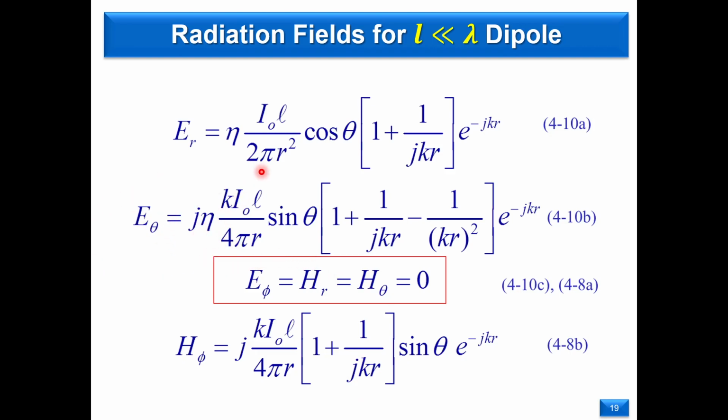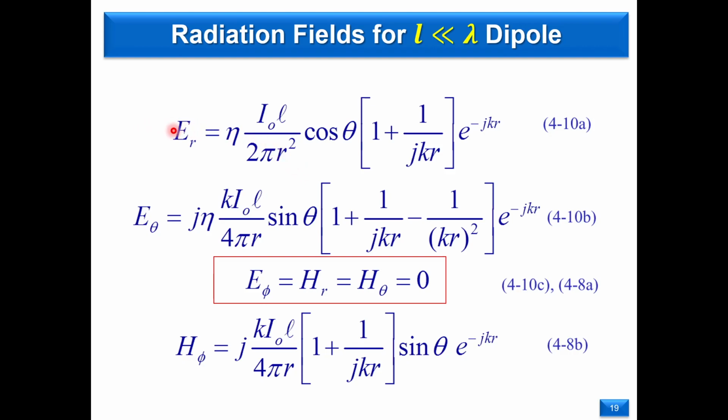In the far field, we can neglect any higher order with respect to 1 over r. So all the r squared terms and higher, 1 over r squared and 1 over r cubed and so forth, will vanish in the far field, leaving only the terms that depend on 1 over r.